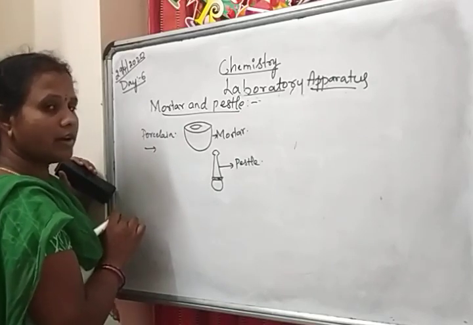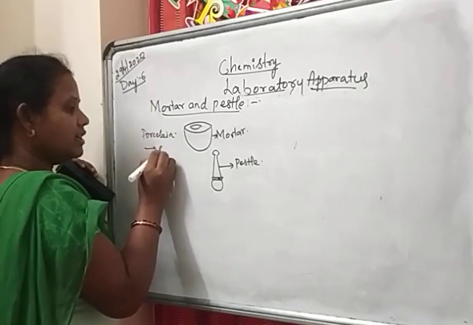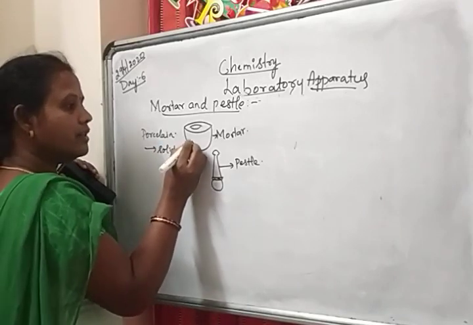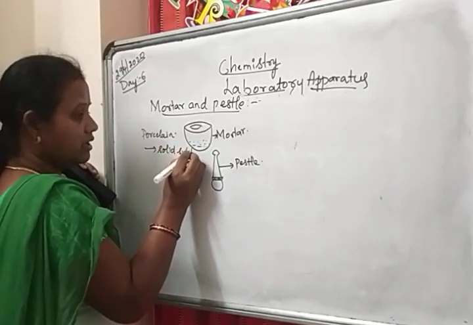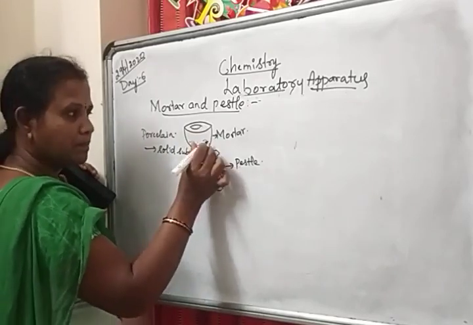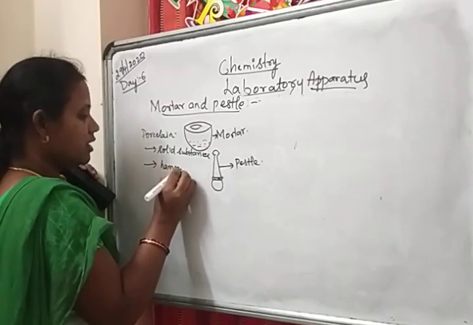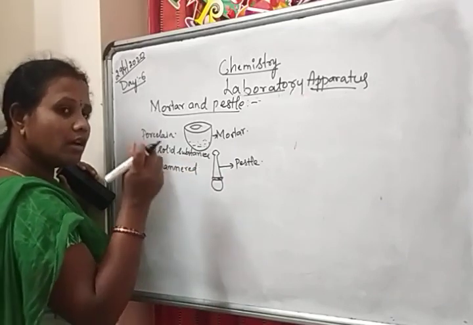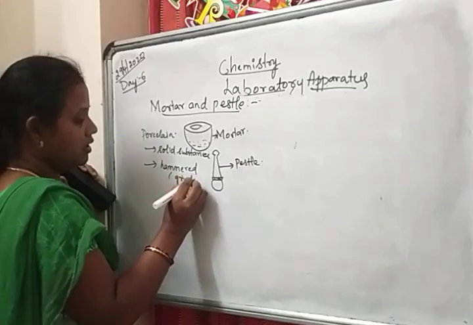If you want to grind solid substances in the chemistry lab, the chemicals in the form of solid are taken in this mortar, and with the help of the pestle, they are gently hammered. What do you mean by hammered? Just grinding. So hammered in the sense of grinding.